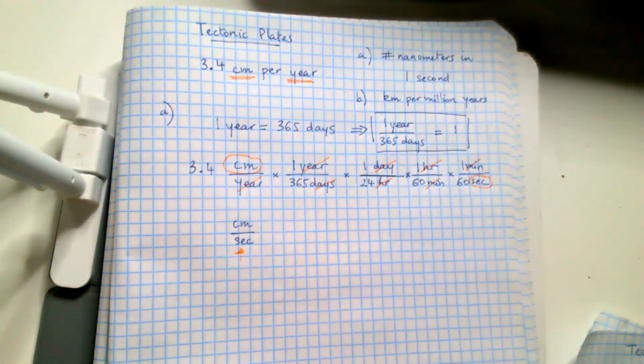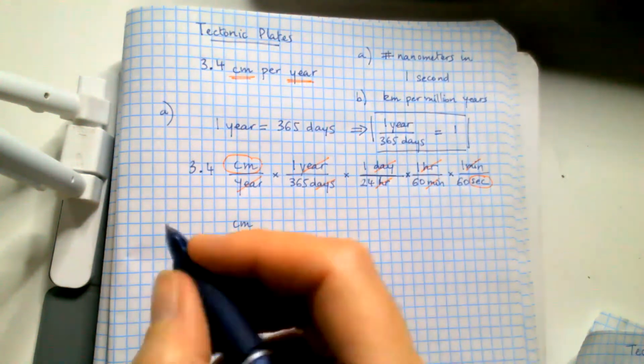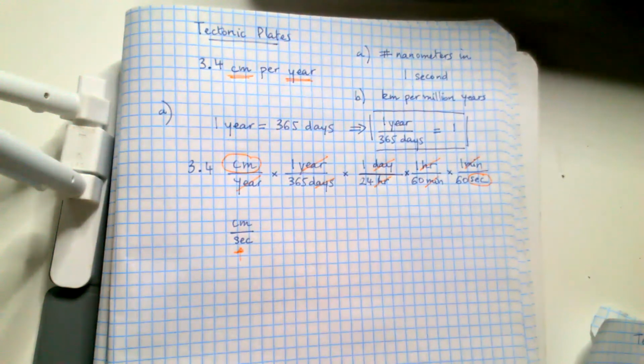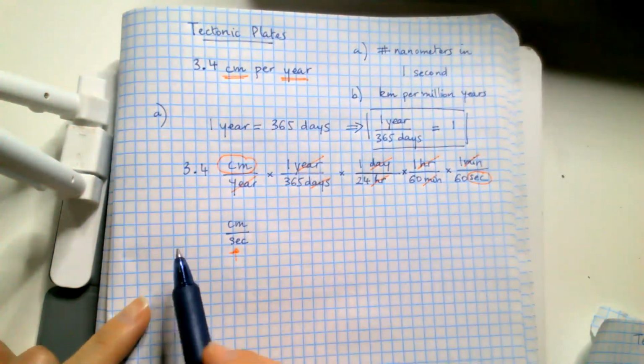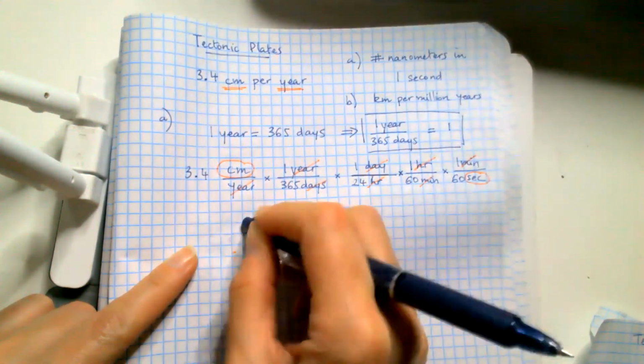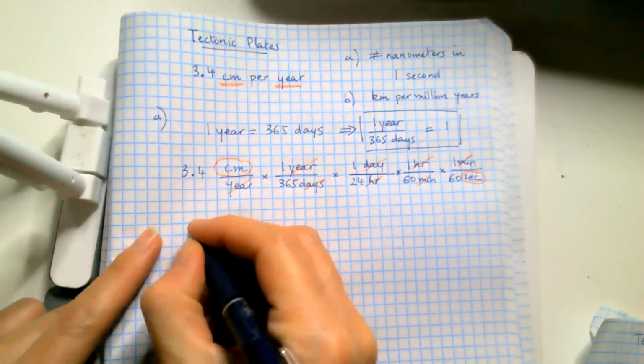So that means we're going to have our 3.4. I should have left a little bit more room here, so let me actually erase this real quick. But this was the goal, and I'm going to rewrite that.